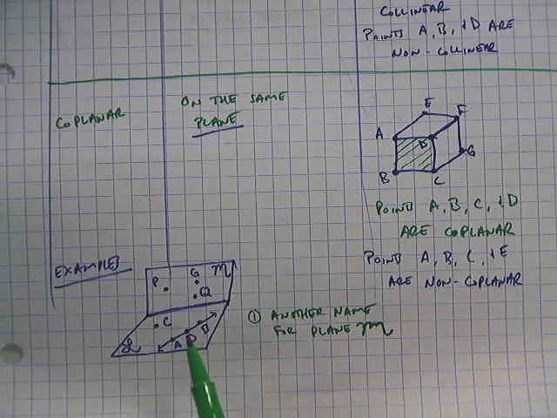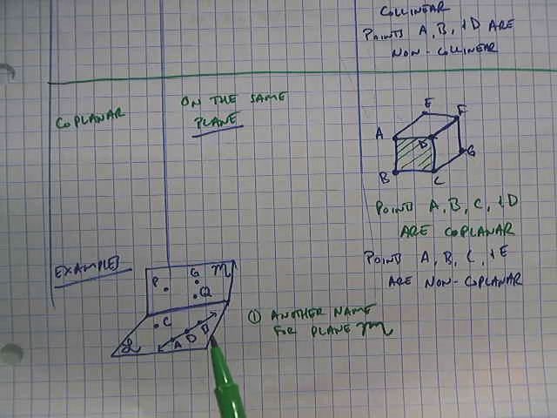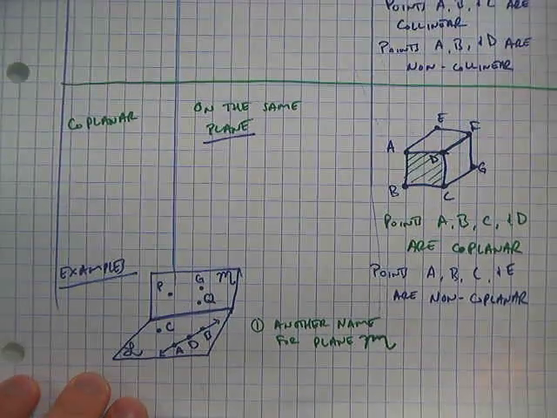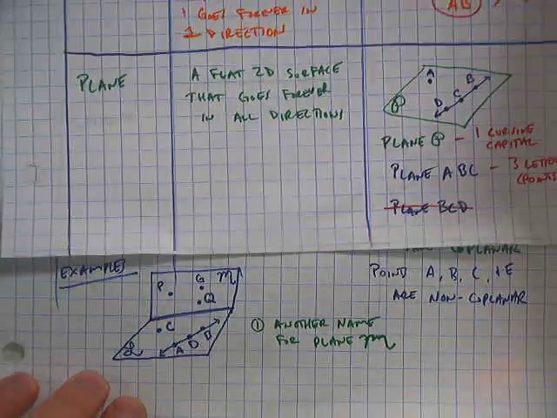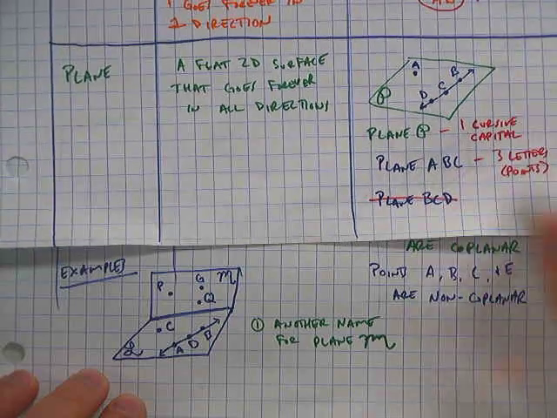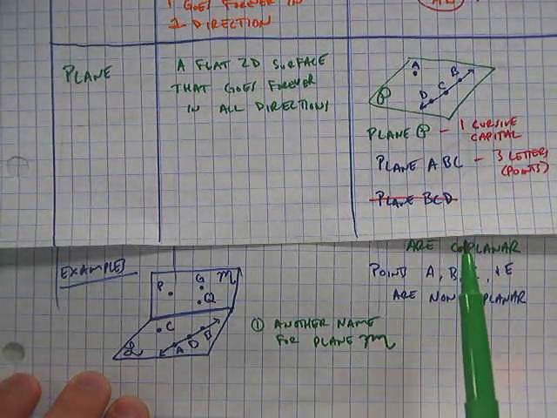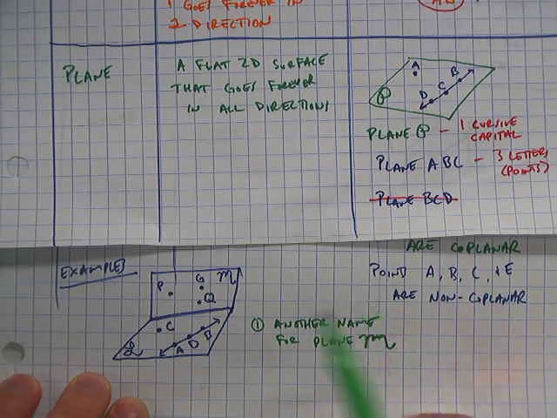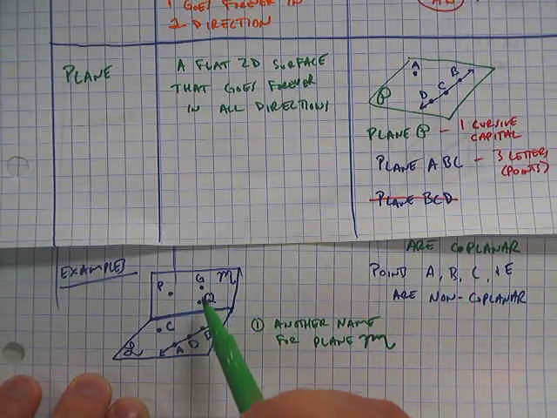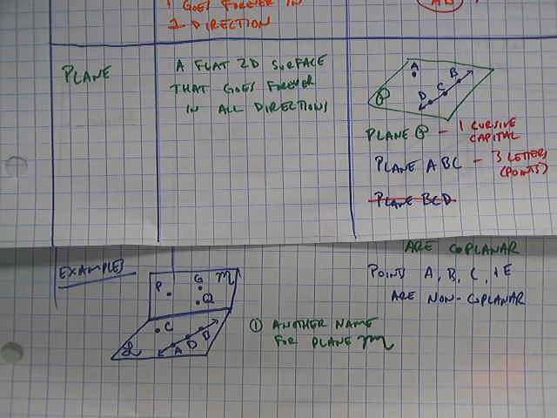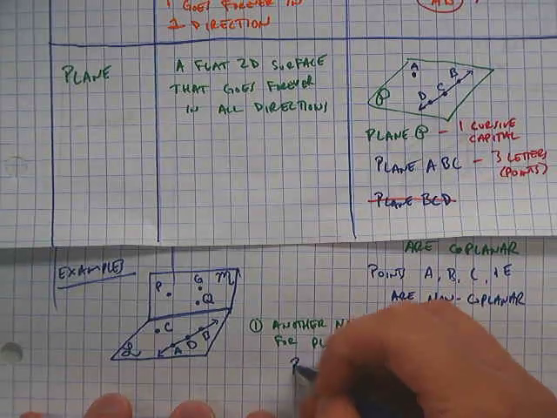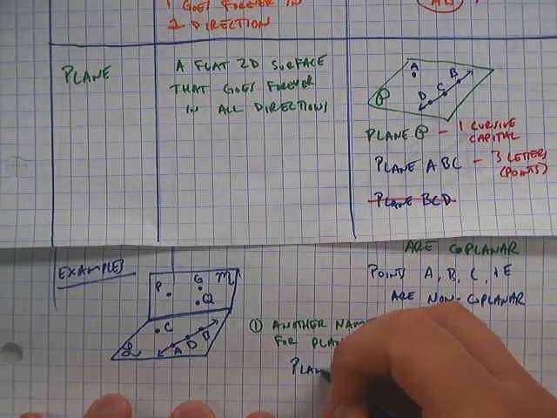One question we might be asked is, what's another name for plane M? Oops, that's a terrible M. All right, another name for plane M. That's the weirdest looking M ever.